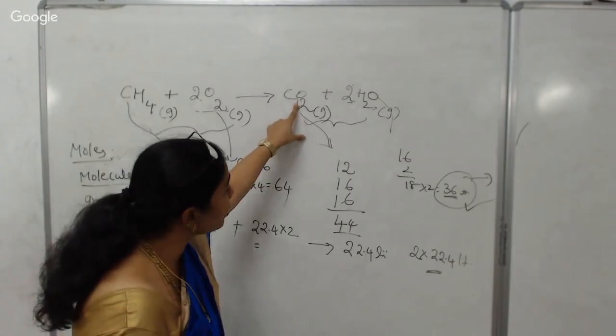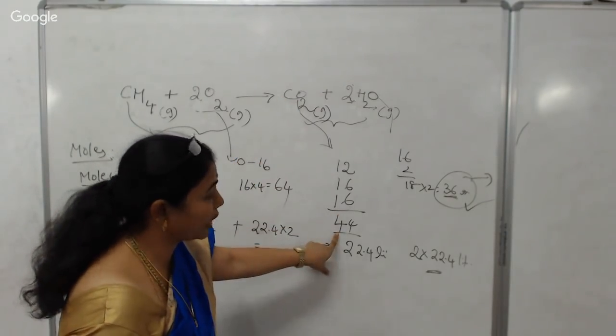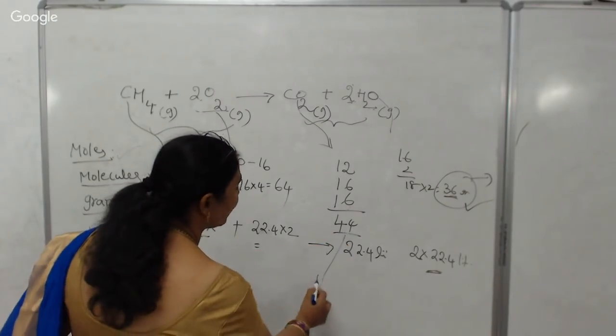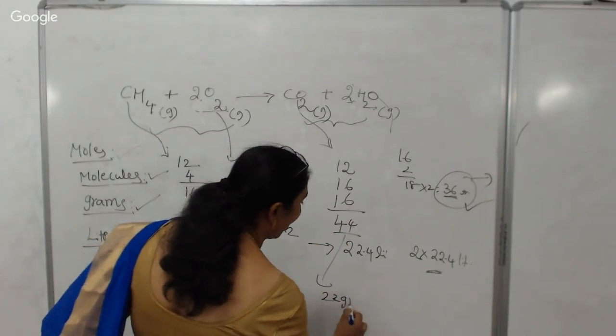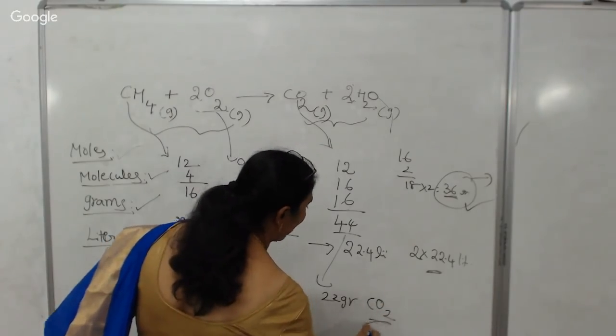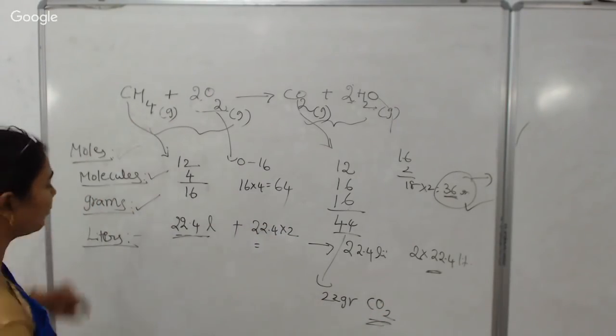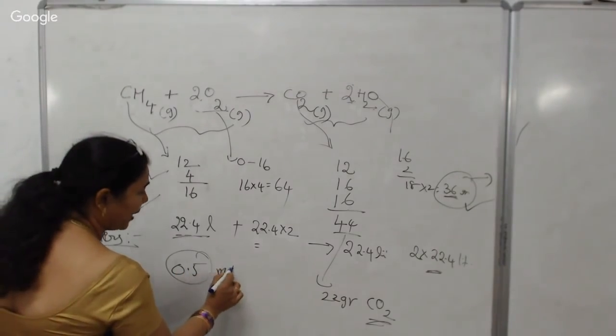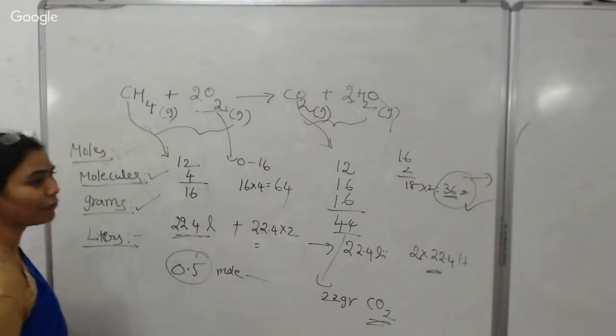But carbon dioxide molecular weight is 44. Now, they want only 22 grams of carbon dioxide. Means how much methane do you need? 0.5. Yes or no, children?